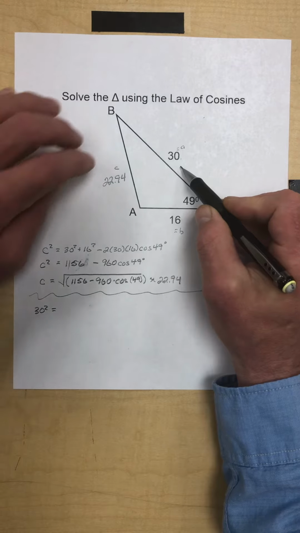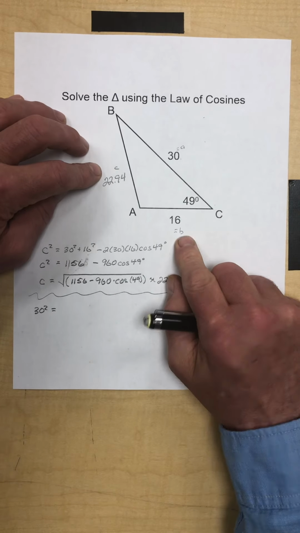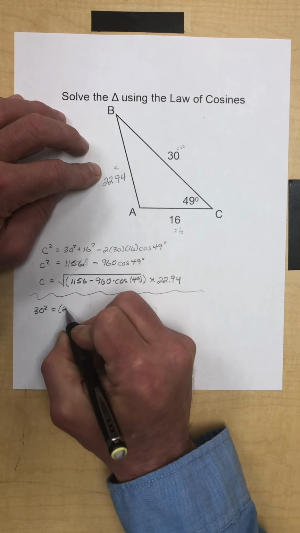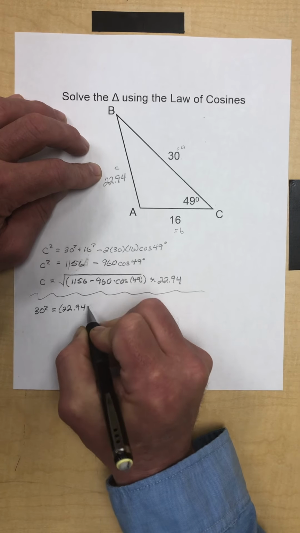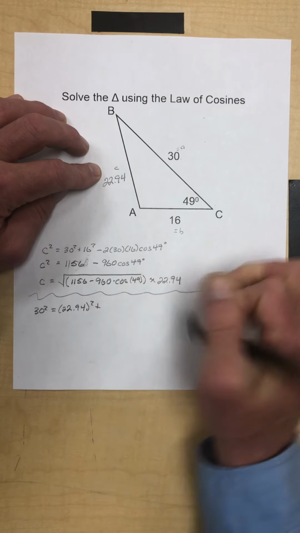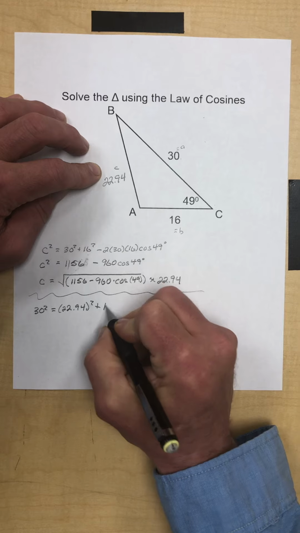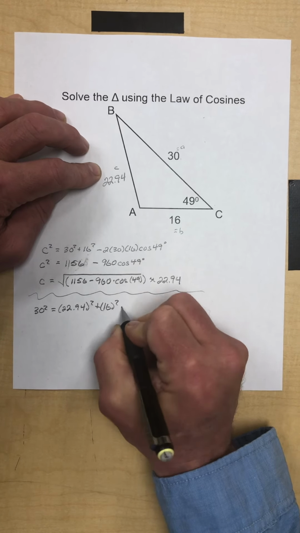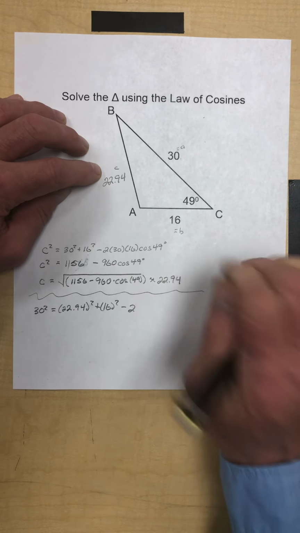equals the sum of the squares of the other two sides. So that'd be 22.94 squared plus 16 squared minus 2 times these two sides.